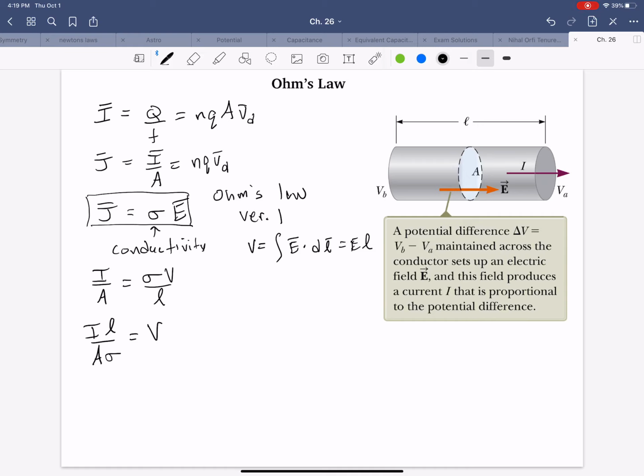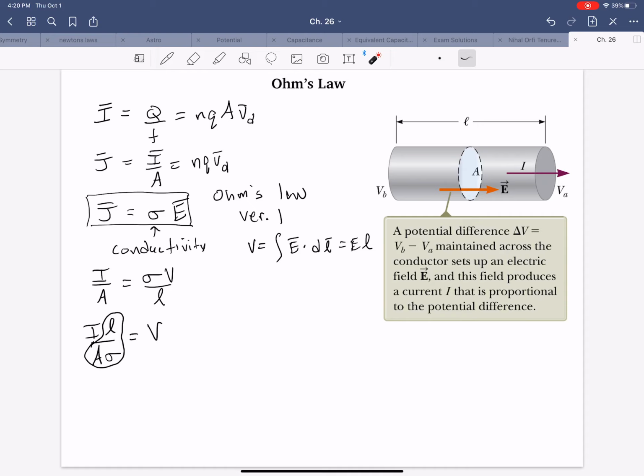And now, circled here, each of these values for a given wire will not change. They are properties of the physical nature of the wire itself: the length of that wire, the cross-sectional area or thickness of that wire, and the conductivity of that wire.